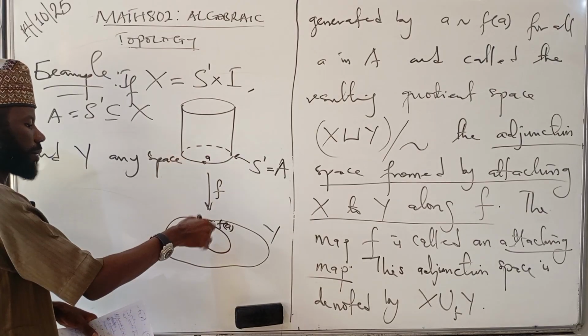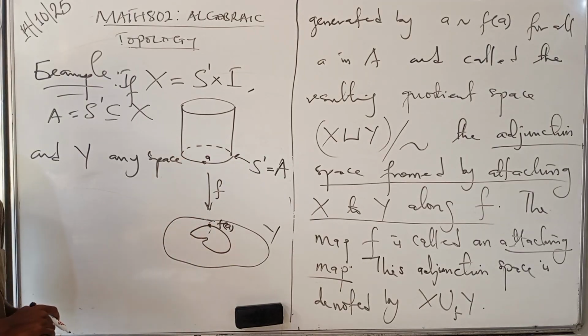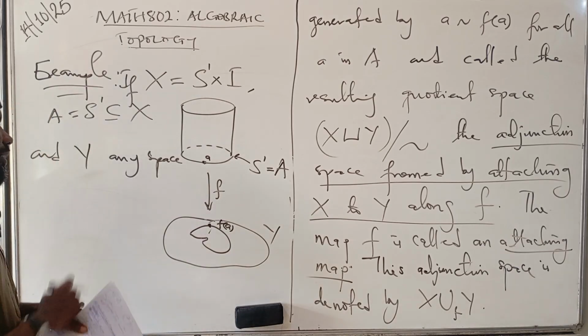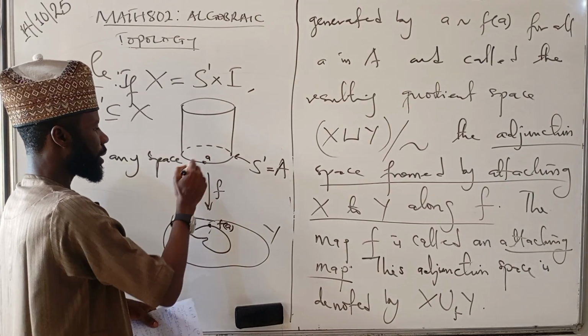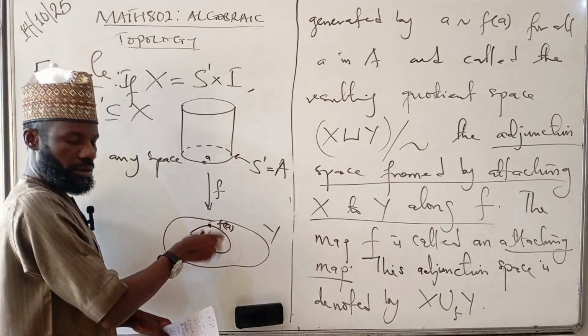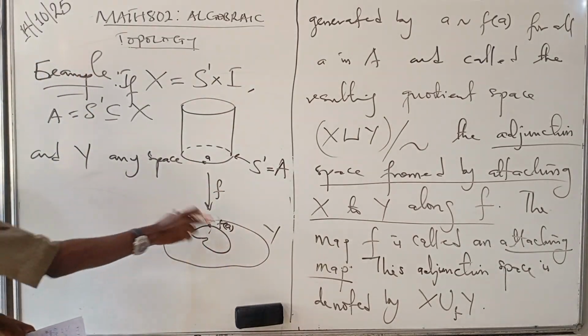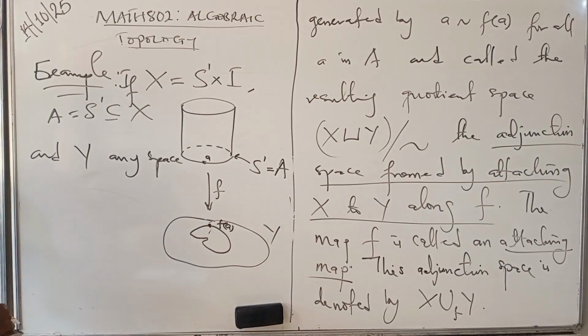So points here are mapped to points in the space Y. So then you can imagine that the identification is you are gluing this cycle onto the image of the cycle inside the space Y.